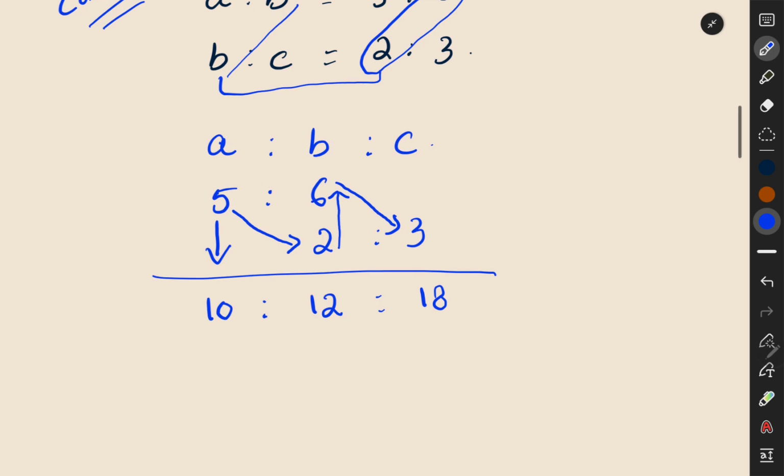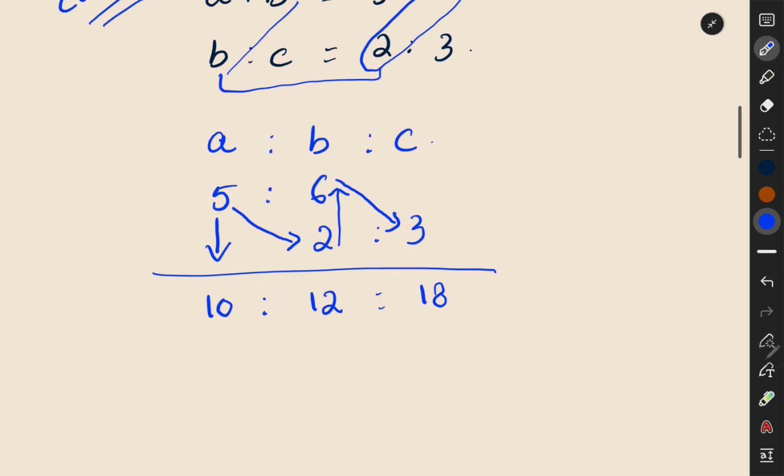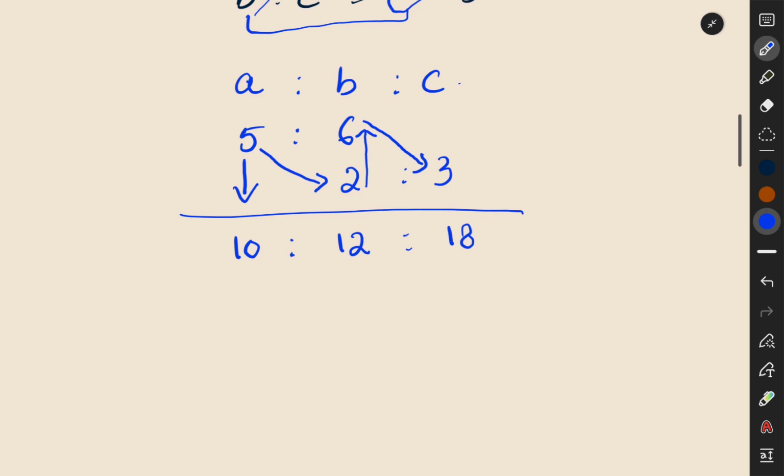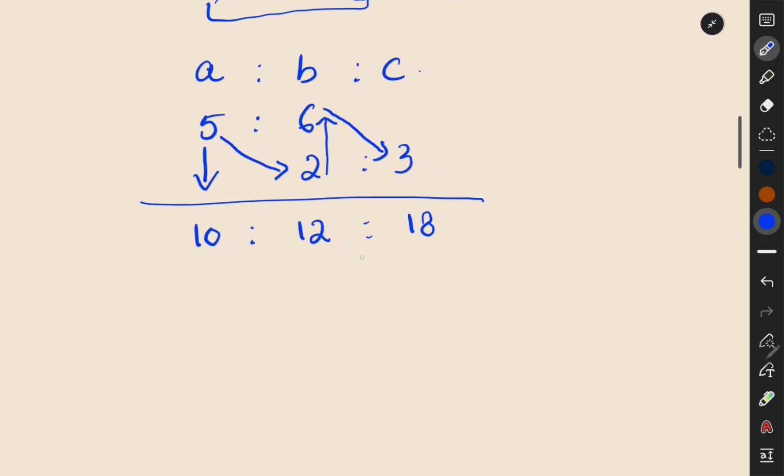So this is the value for A is to B is to C. But you see that this value 10, 12 and 18 has same factors. So we reduce this value. How? We have a factor 2 which is common in all these 3 numbers. So we divide 10 and 12 and 18 by 2.